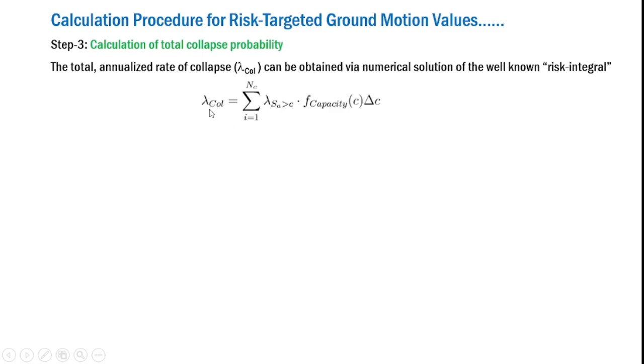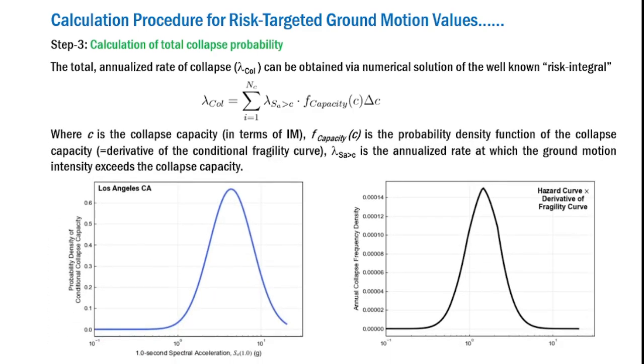That is, lambda col is equal to the summation of lambda SA greater than C, F capacity C, into delta C. Now let me explain what all these terms are, as maybe they are totally new to you. Here C is the collapse capacity in terms of IM, which is obtained from the fragility curve, and I have already provided the collapse capacity in the earlier slide.